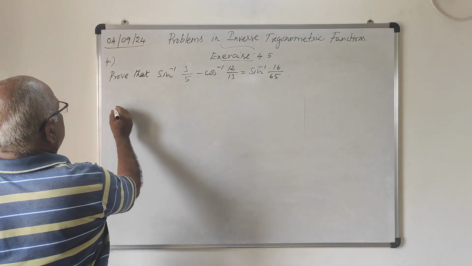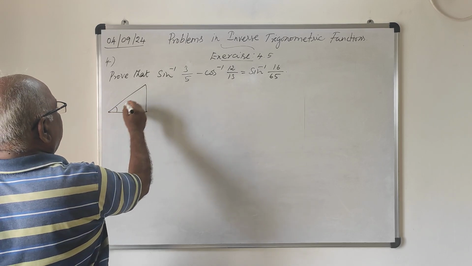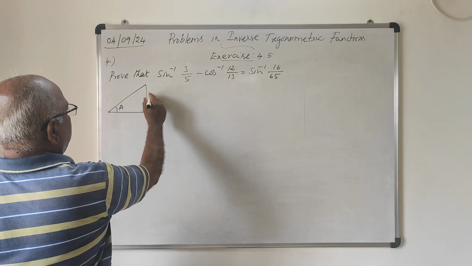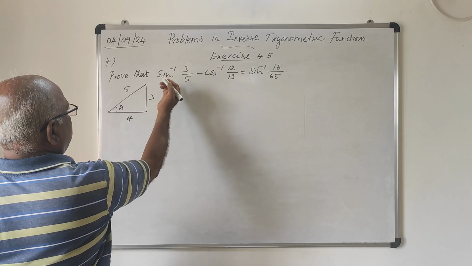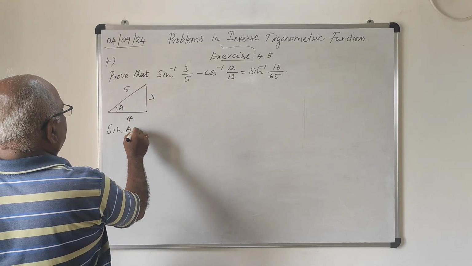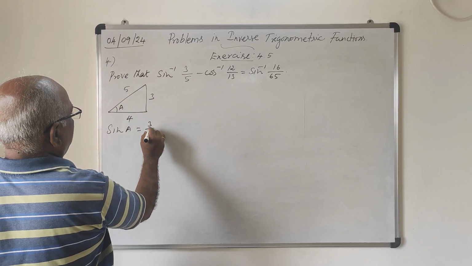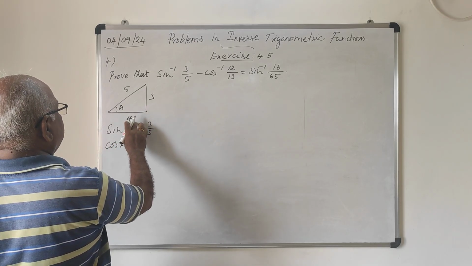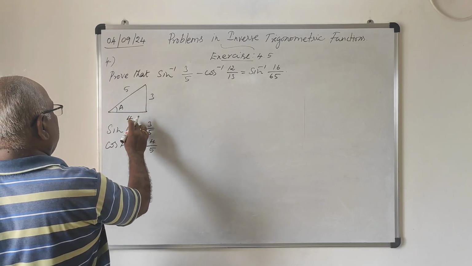From sin inverse of 3 by 5, you get a right angle triangle with angle A. Sin A is opposite by hypotenuse, therefore the adjacent side is 4. Sin A is 3 by 5, cos A is 4 by 5.